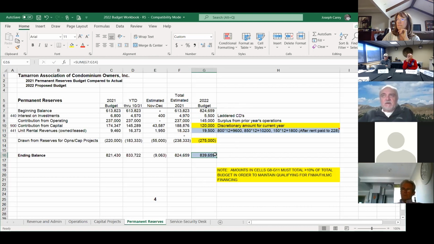So we have effectively used reserves, by how much we've put in and how much we've taken out.